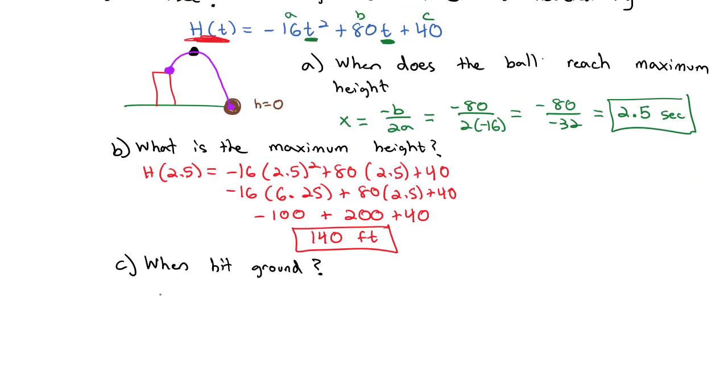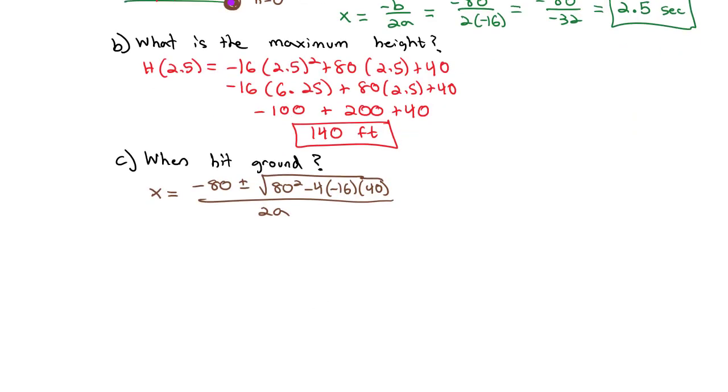So, to find the x-intercept, we know we can use the quadratic formula, where x is equal to the opposite of b, negative 80, plus or minus the square root of b squared, 80 squared, minus 4a, which is negative 16, times c, which is 40, all over 2a. If we simplify this, we should be able to find when it's going to hit the ground.